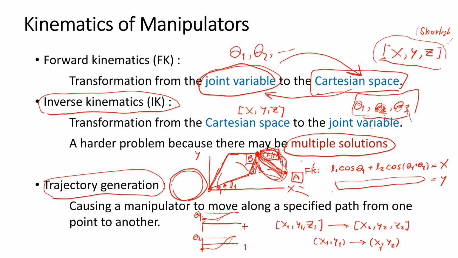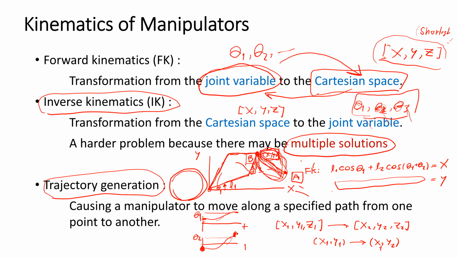In terms of velocity, we also have many things to work on. For example, we know that from the initial theta 2 to the final theta 2, it needs to move from this angle to that angle.